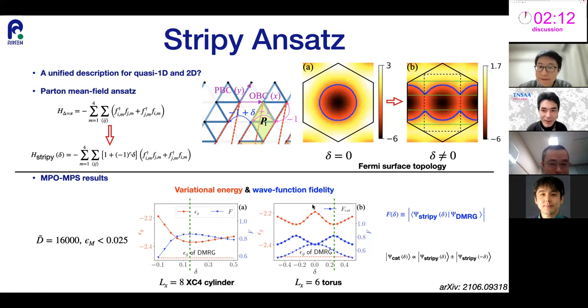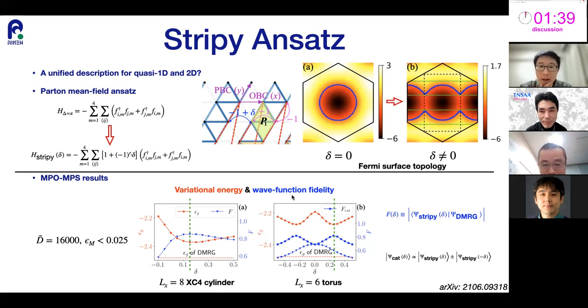I think that this kind of highly fluctuating system often exhibits some non-monotonous system size dependencies. I want to ask, how is the system size dependence in your computation? Do you find any non-monotonous, for example, L_x dependence in the DMRG computation?